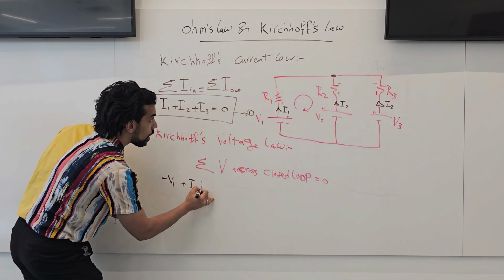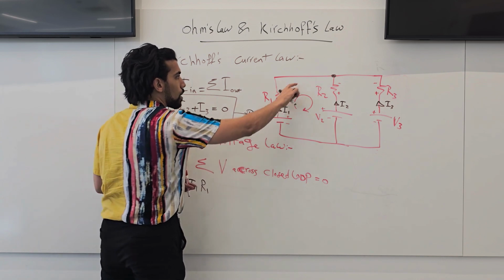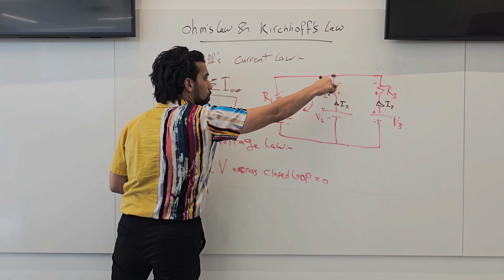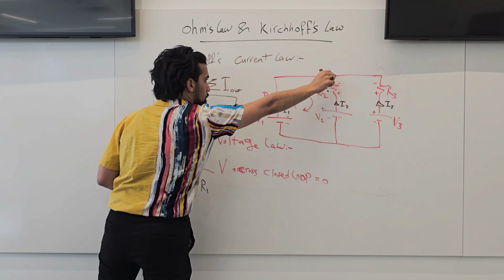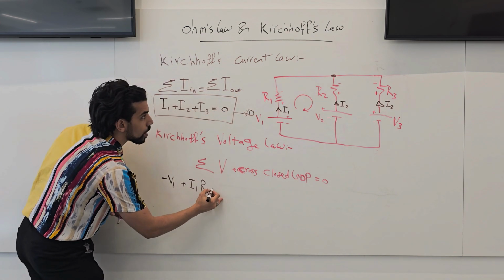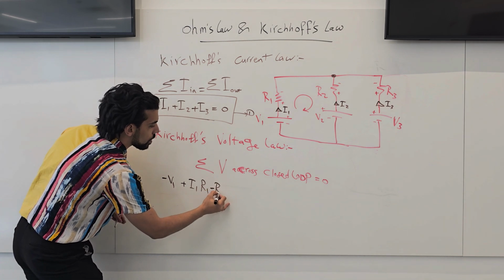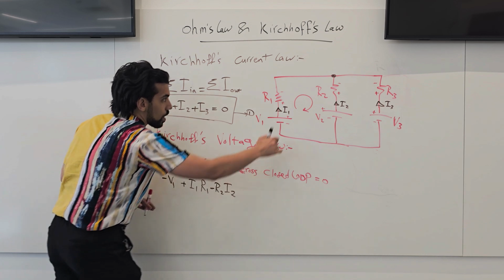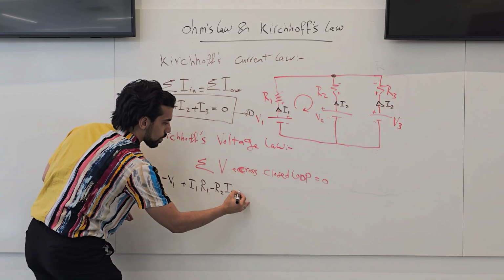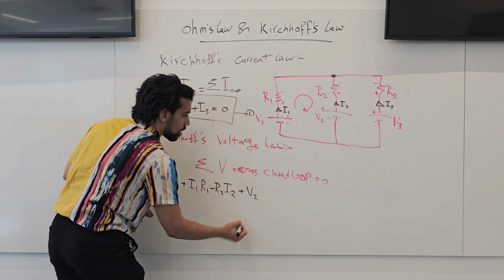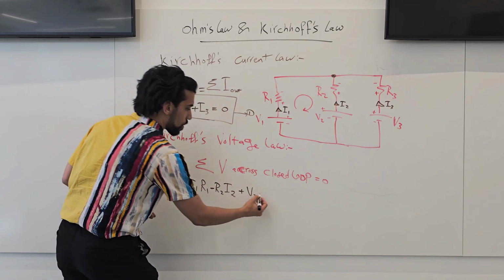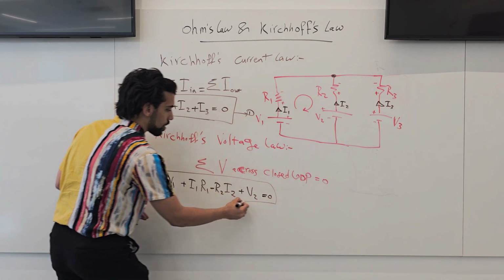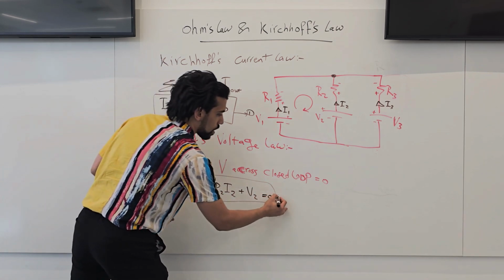Then we go here and see the first sign is negative, so negative I2 times R2, the voltage on resistance 2, and we see positive V2. All of this is equal to 0. So this is going to be our second equation.